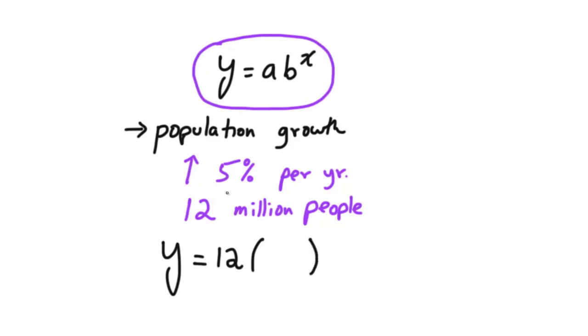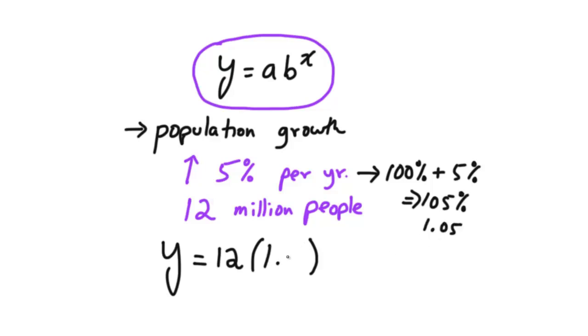And since it increases by 5% per year, the base, or the b, the growth factor, will be 100% plus the 5%, which will give you 105%, which is 1.05.